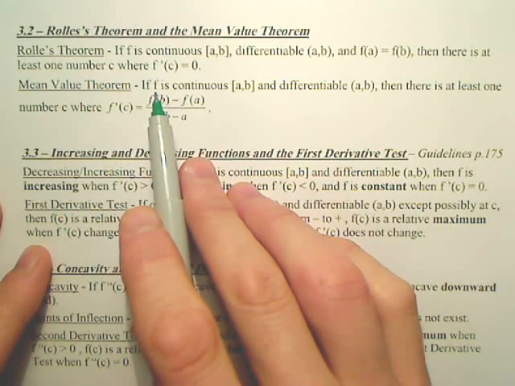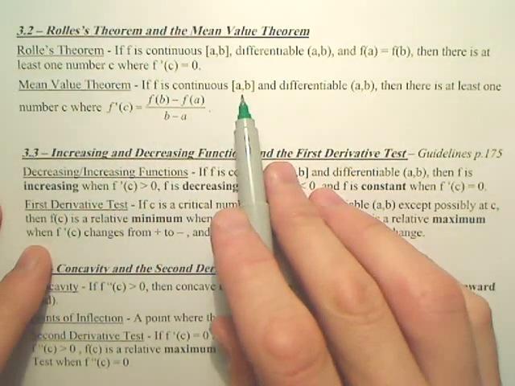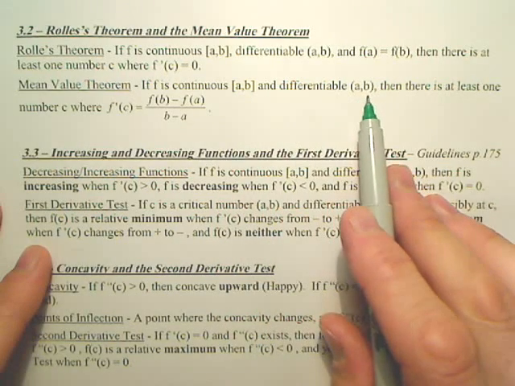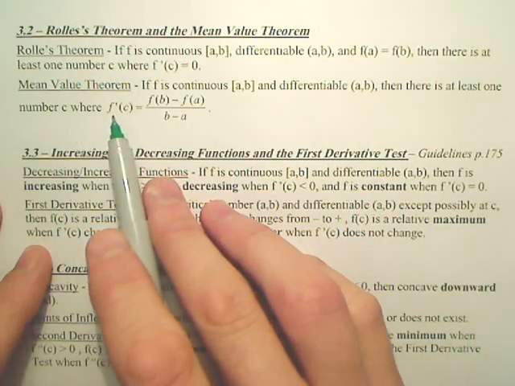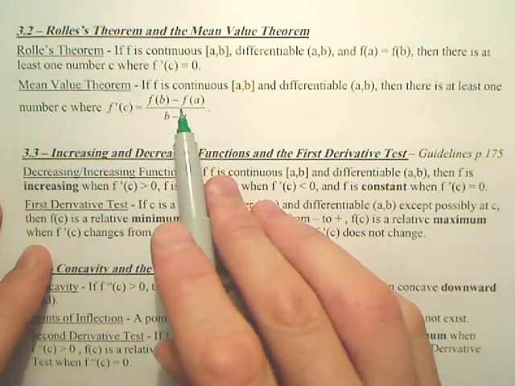If f, a function, is continuous on a closed interval and differentiable on the open interval, then there's at least one number c where the derivative equals the slope between the 2 points.